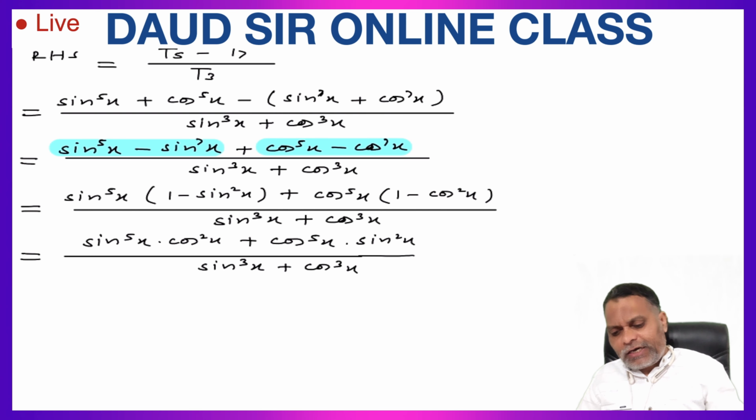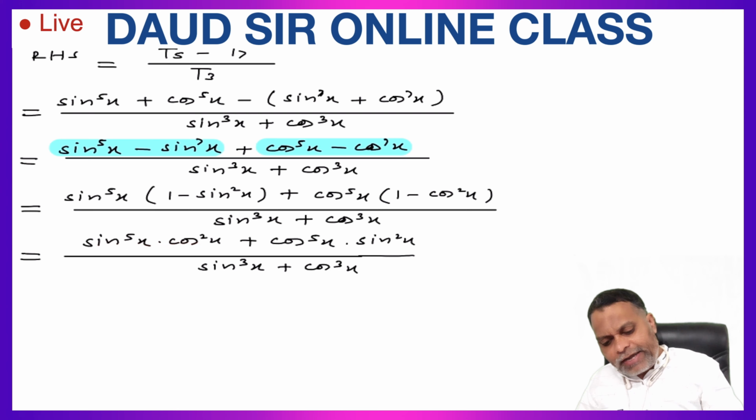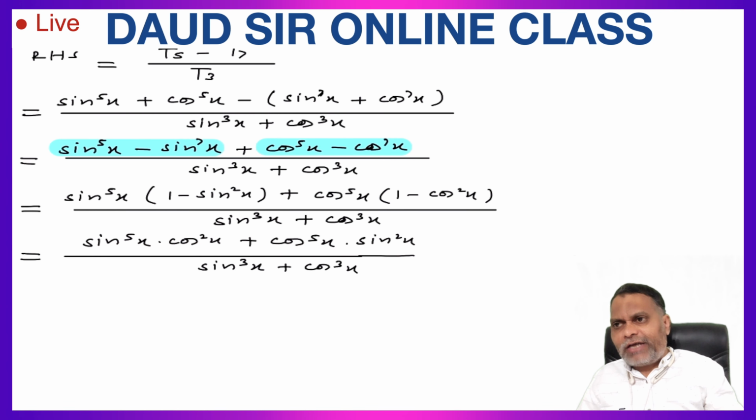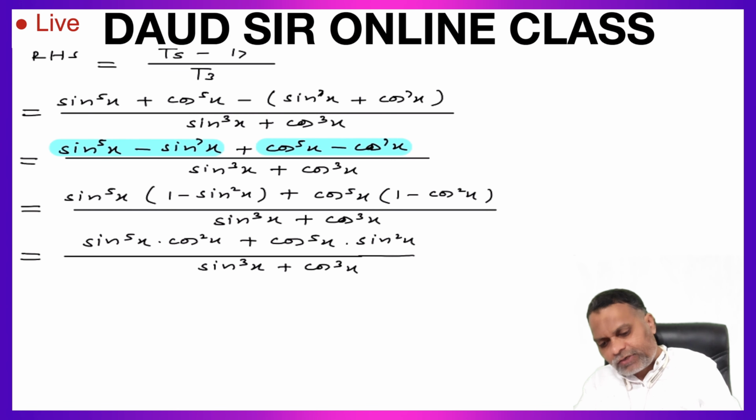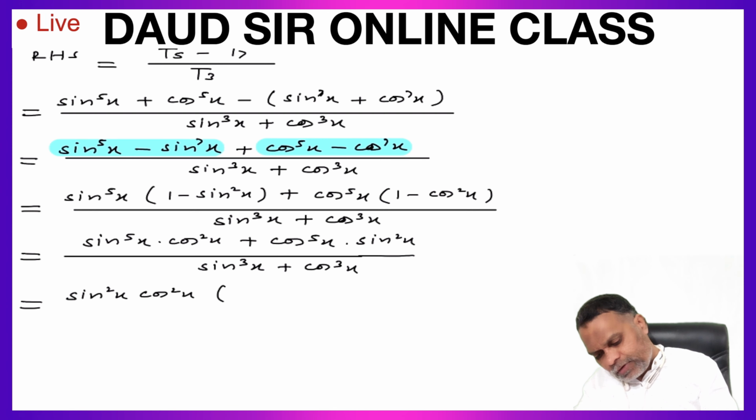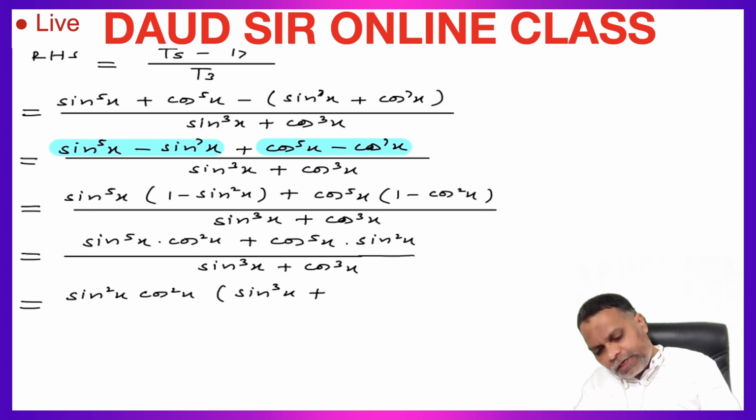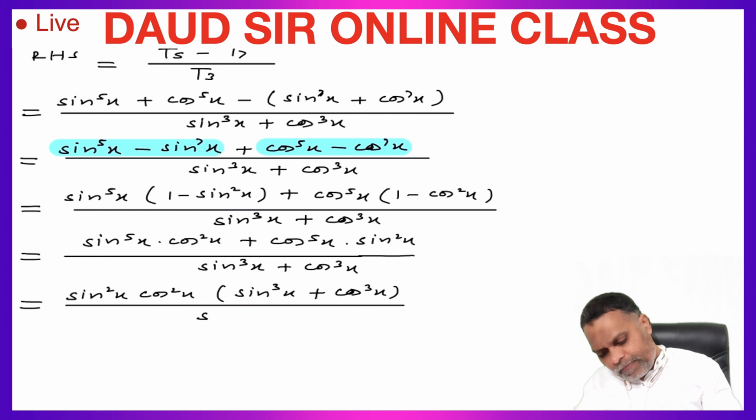Now from the numerator we can take out common sin square x cos square x. So here sin cube x left, here cos cube x left, upon sin cube x plus cos cube x.